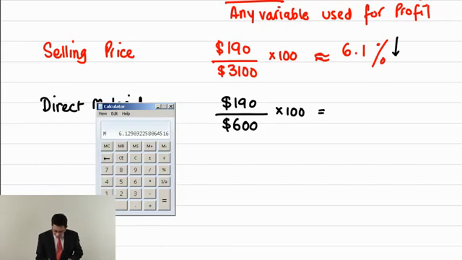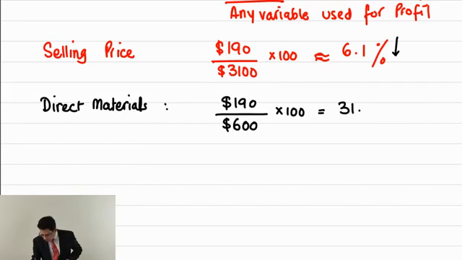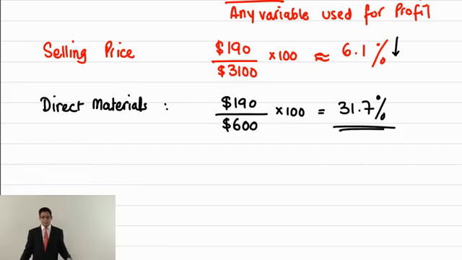First of all, let's get the percentage and then we will interpret the results, which comes to approximately 31.67, or 31.7%, meaning to say if the suppliers or any other inflation or oil and petroleum effects or any other reason, shipment charges, if the price or cost of direct materials increases by 31.7% in the market, the profit of $190 will go down to zero.